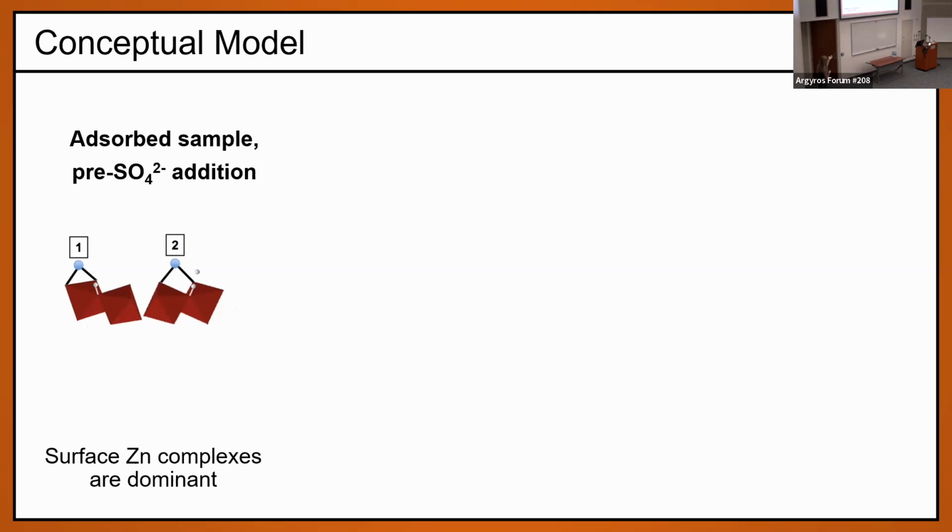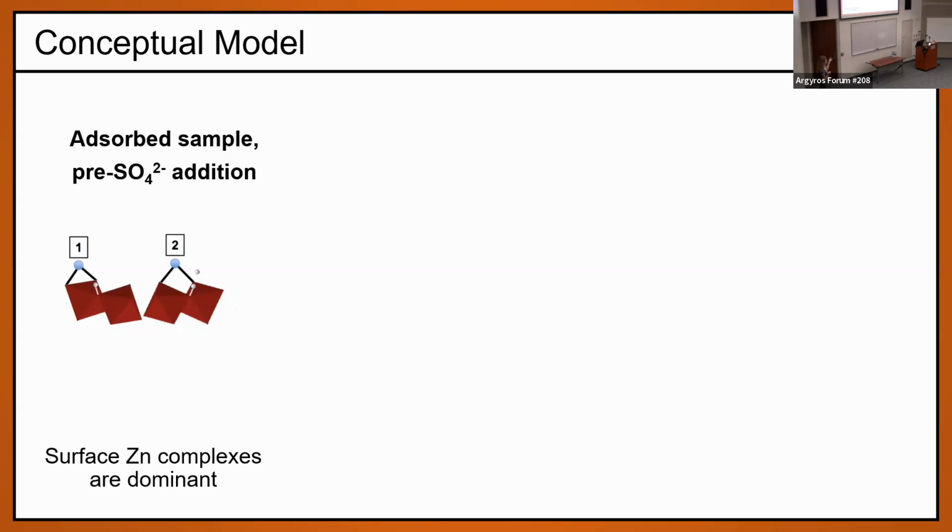So this is before we add sulfate, and we see surface zinc complexes being dominant. What the squares and numbers correspond to are our zinc-iron coordination numbers. Essentially, it's telling you how many iron atoms are around every zinc. Our zinc atoms are the blue circles and the iron are the red squares.